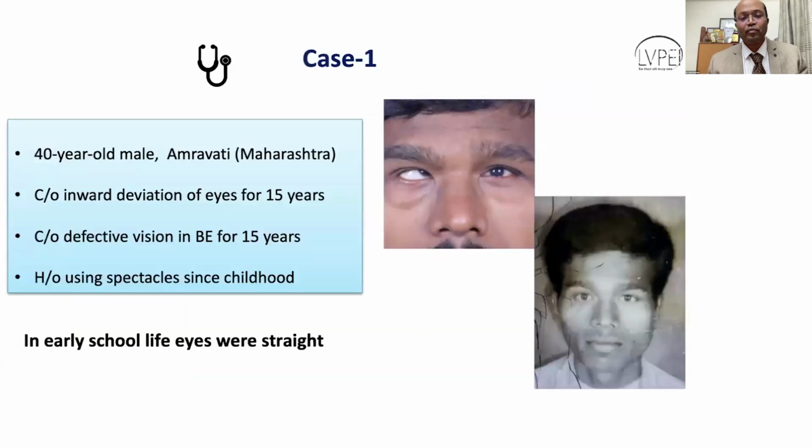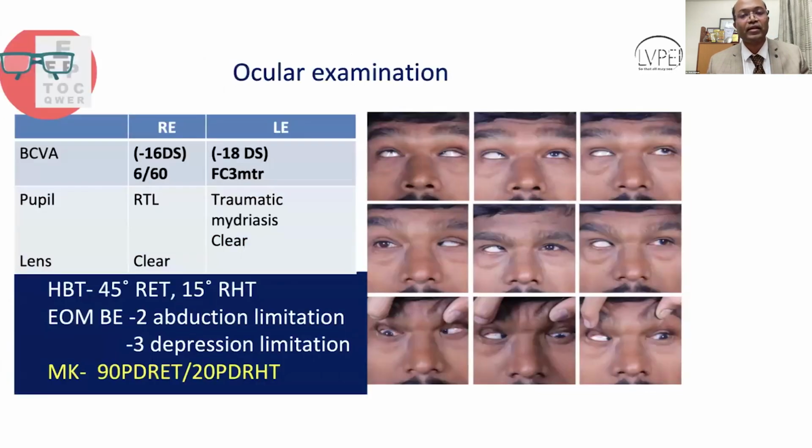So this patient, 40 years old, presented with inward deviation for 15 years. There was defective vision in both eyes, and he had been using spectacles since his early childhood. But you can appreciate that during early childhood, he had his eyes almost straight.